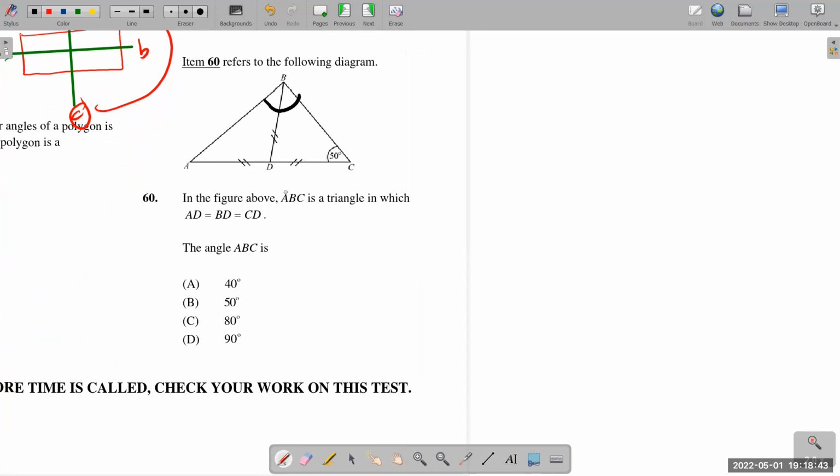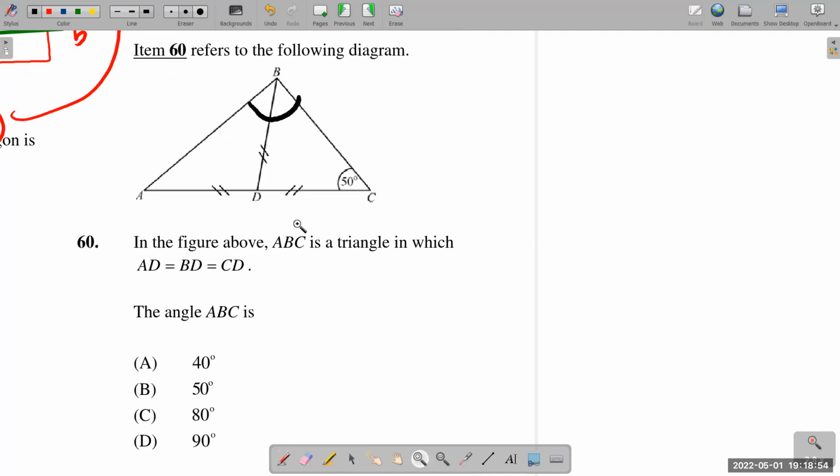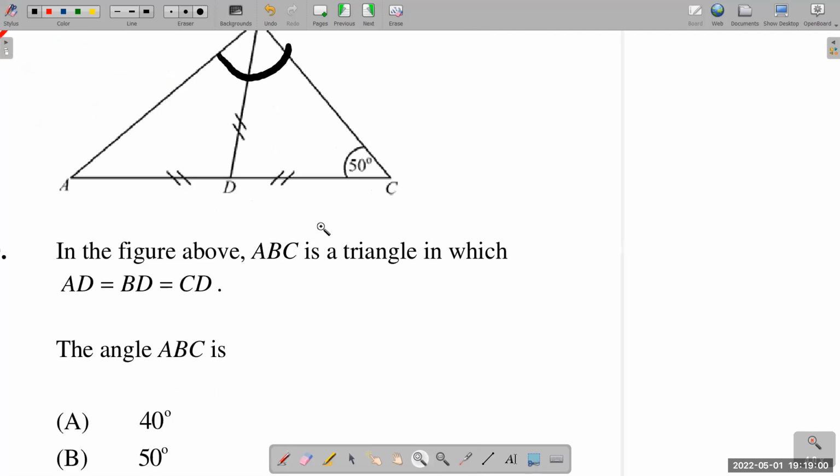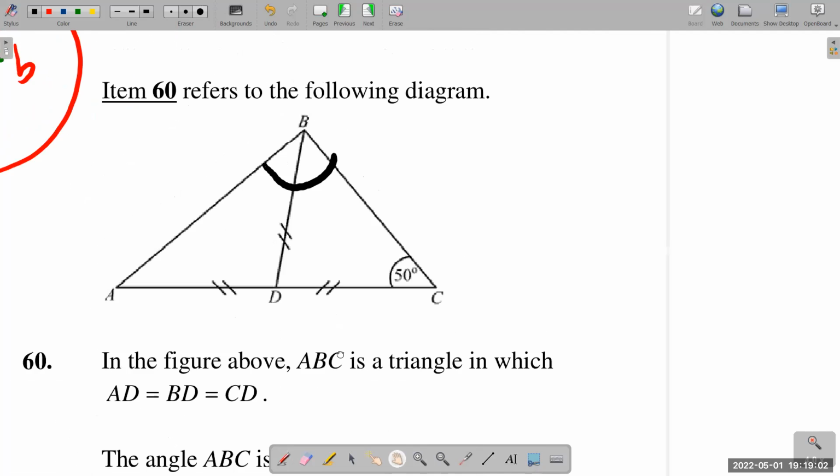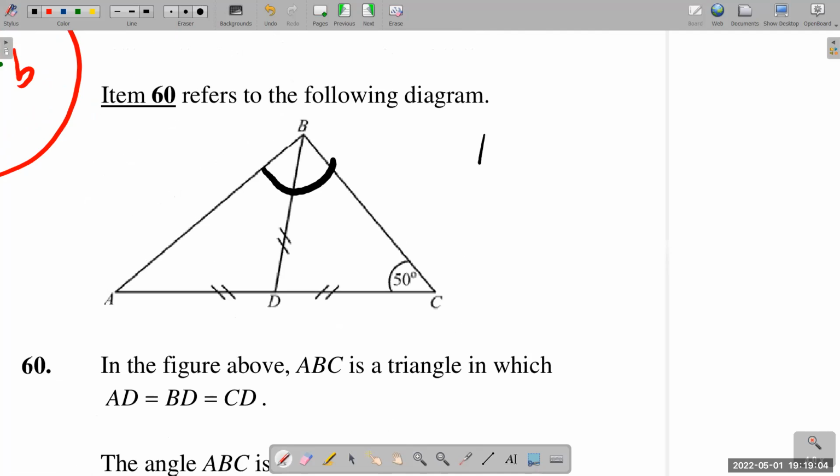What is that angle there? You said 40? Angle ABC. Let me scroll out. They want angle ABC. Come on, let's go.